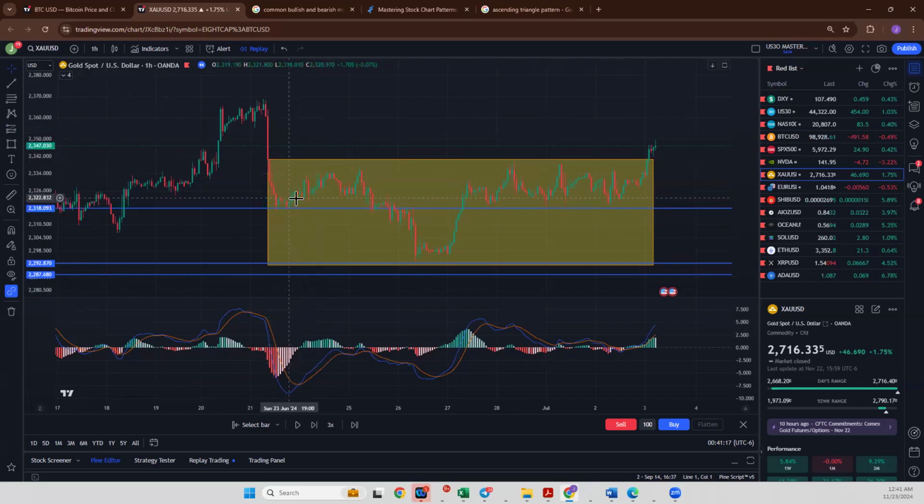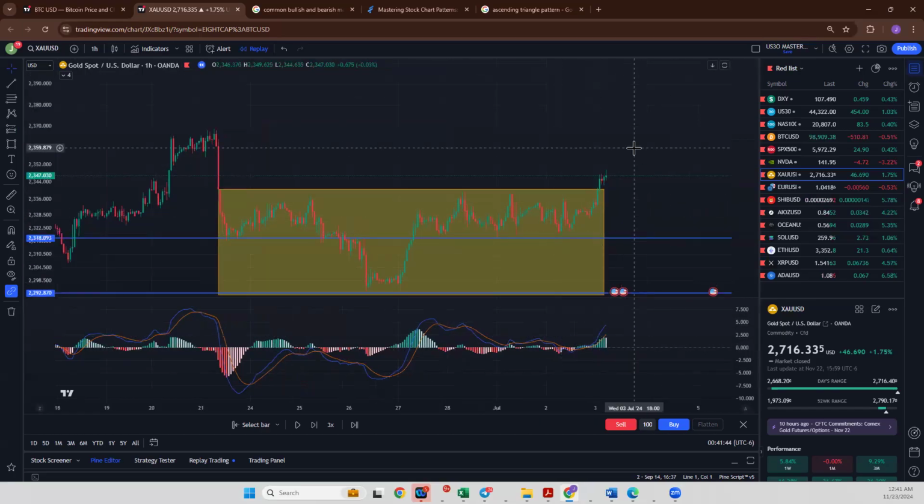So we got the left shoulder, we got the head, and we were already aware that this was bullish when we saw the MACD come up. Then we got more confirmation that it was bullish when we broke and retested that support again and again. And then finally, we get the crossover again on the MACD, a full bullish crossover.